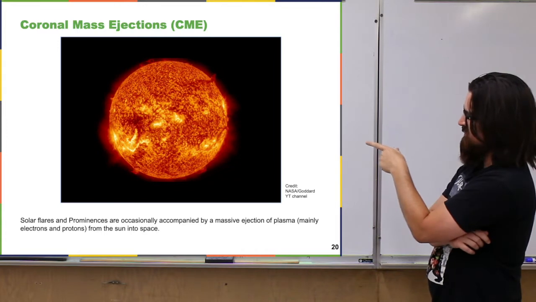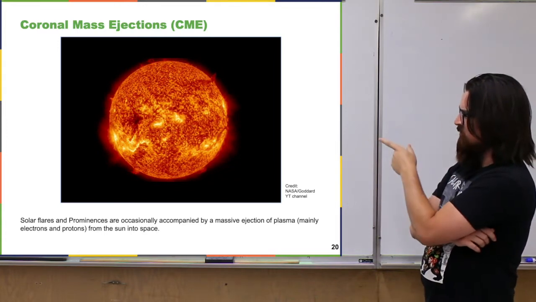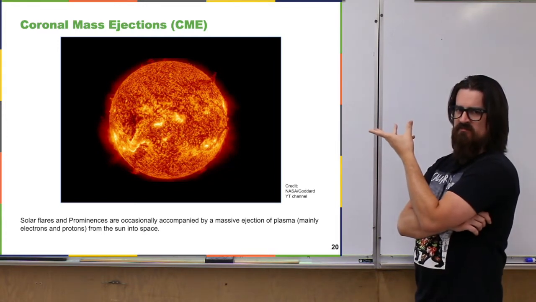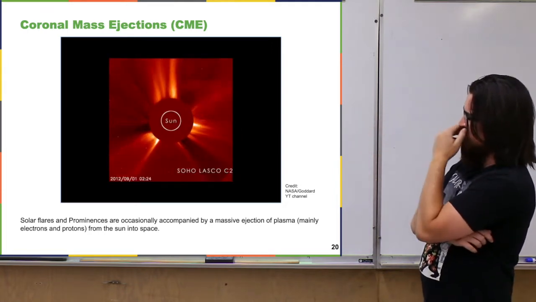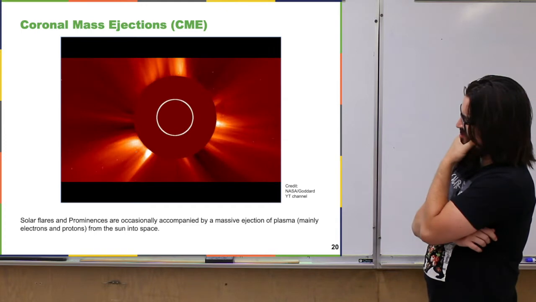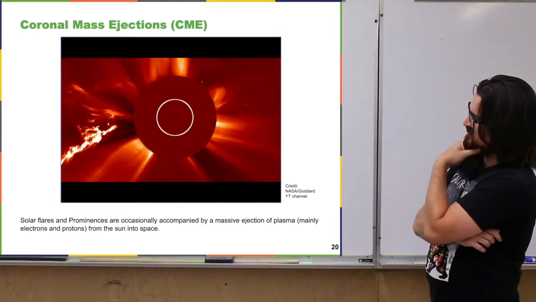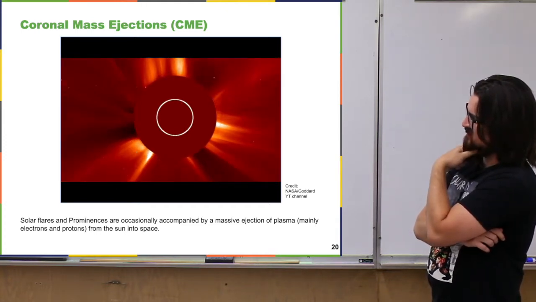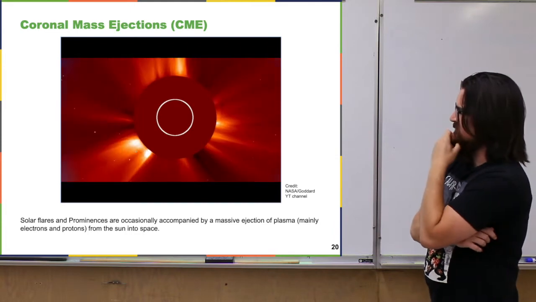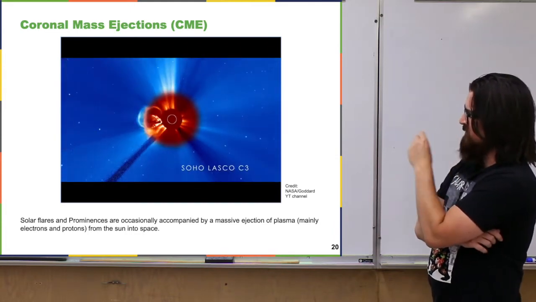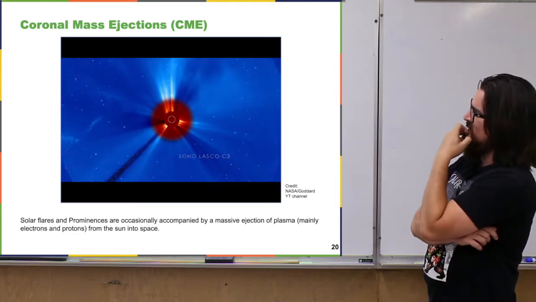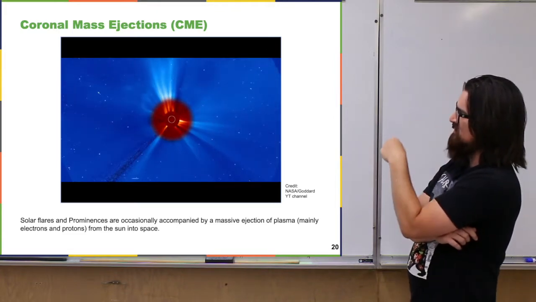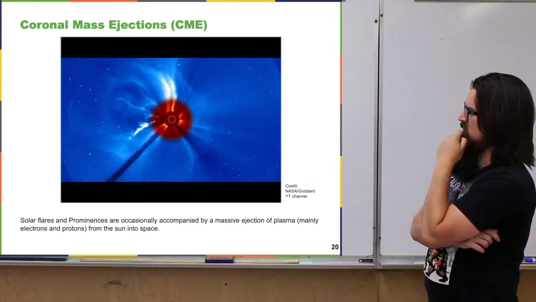Decent amount of activity going on here. I think coronal mass ejections are mostly going to happen around sort of a solar maximum. Oh my gosh. It reminds me of something, but I can't put my finger on it. Right, so you're moving out further and further, seeing this sort of ejection and stuff coming.